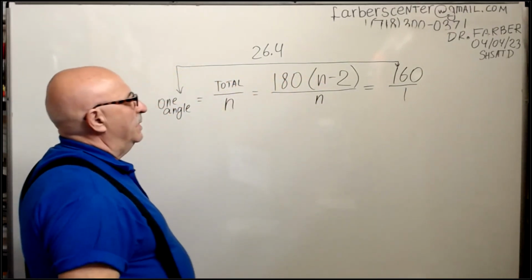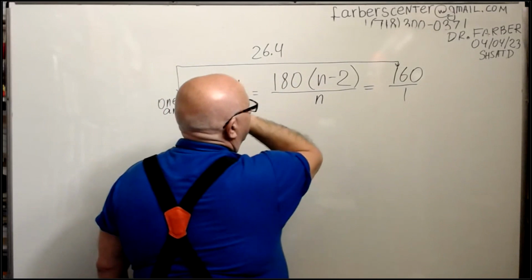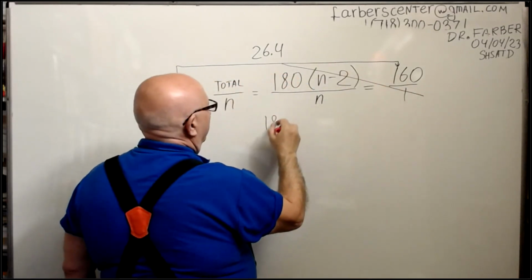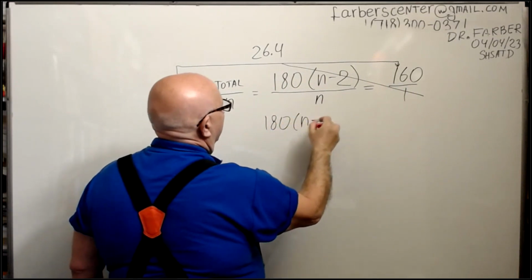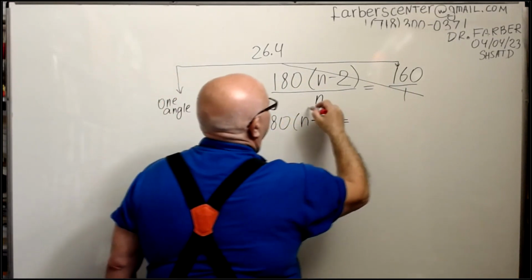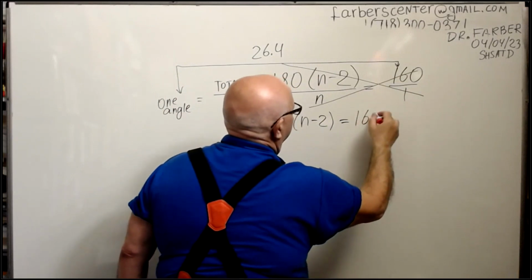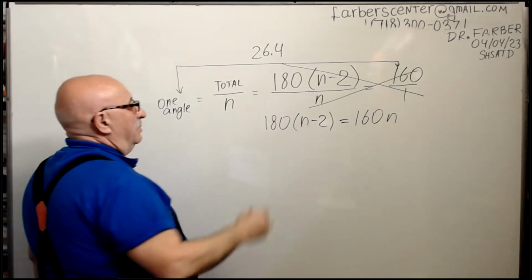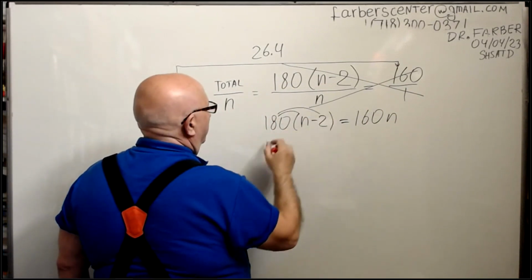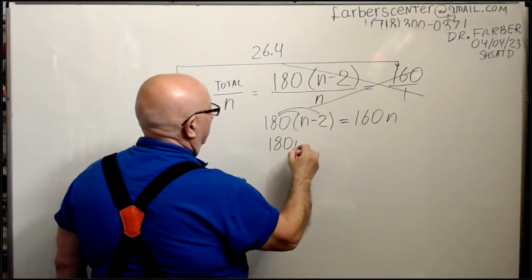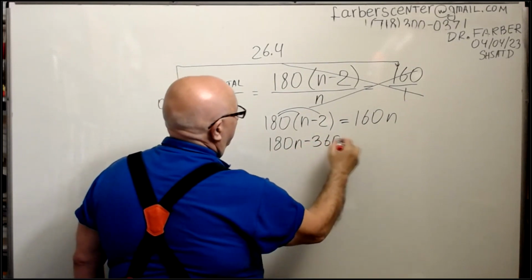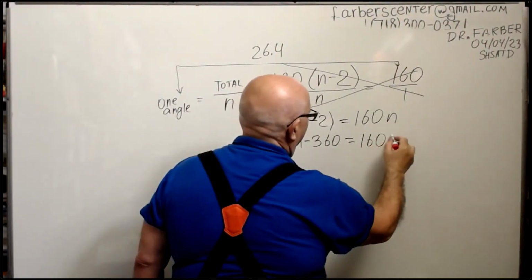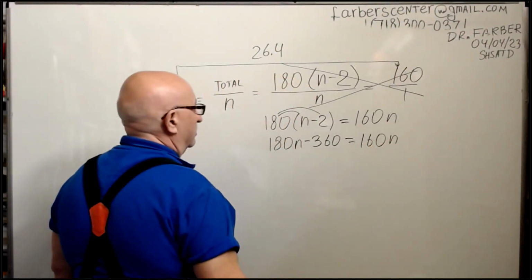Okay, and make cross multiplication. 180 times n minus 2 equals 160n. Distributive: 180n minus 360 equals 160n. Okay.